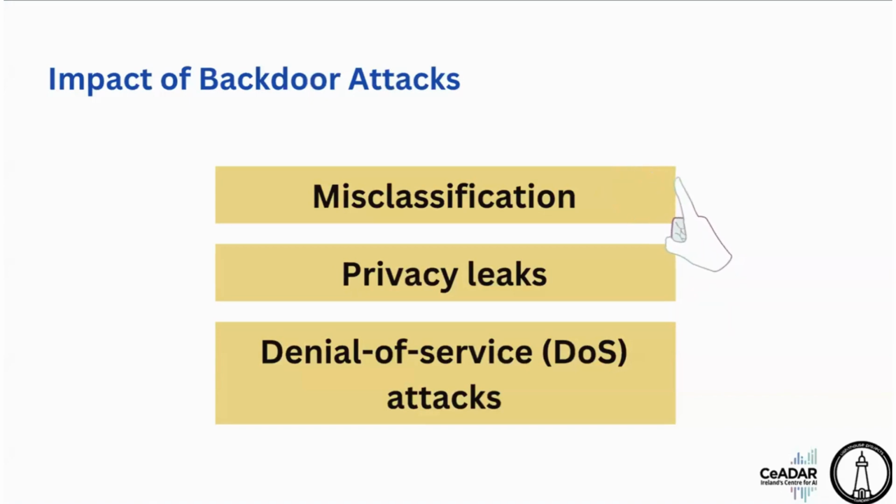For example, let's consider a Tesla car. If a Tesla car is hijacked or hacked by an attacker using malicious triggers embedded in a training model, then instead of classifying the green signal, it classifies it as a red signal.